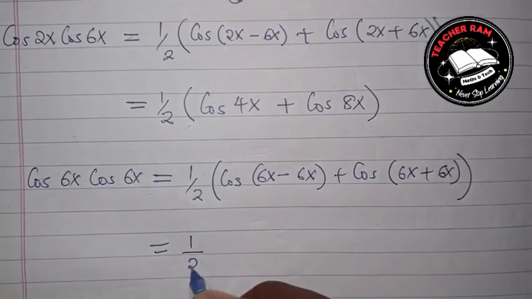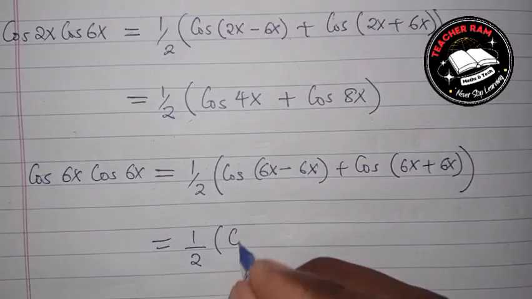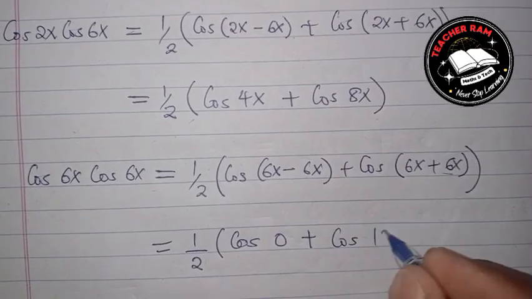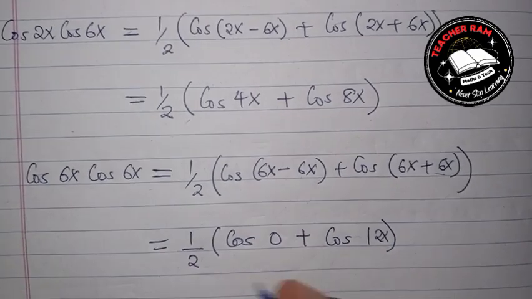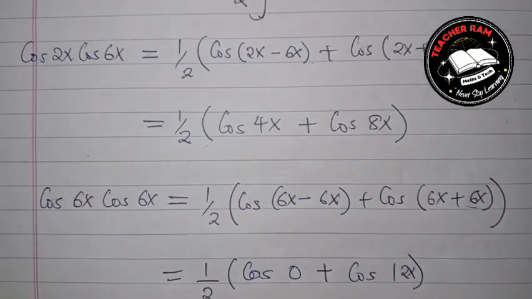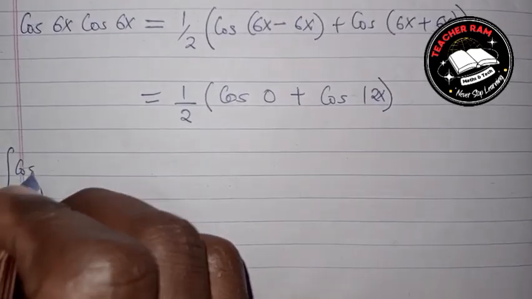So here will result to 1 over 2 bracket. Here the answer is 0, so it will be cosine of 0 plus, here the answer is 12, cosine of 12x.